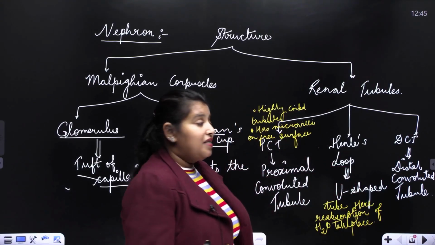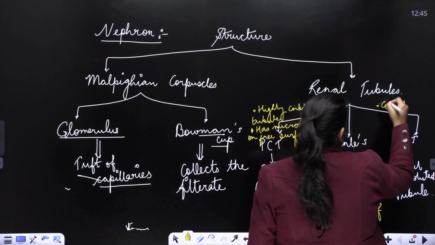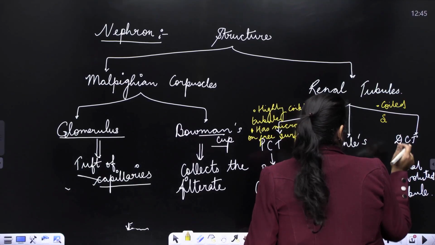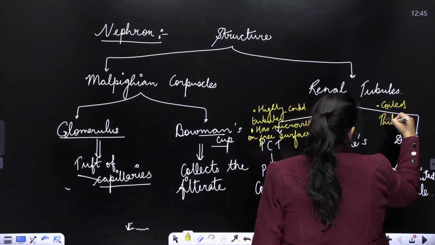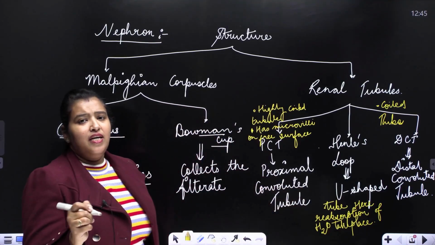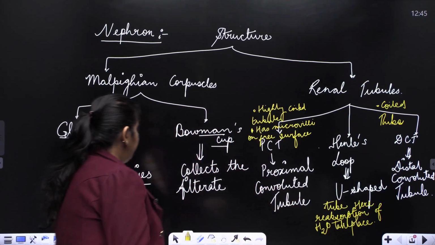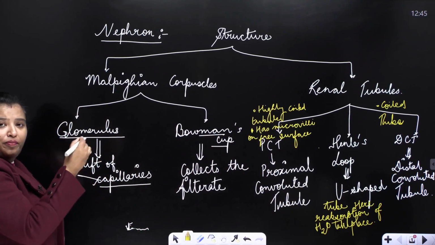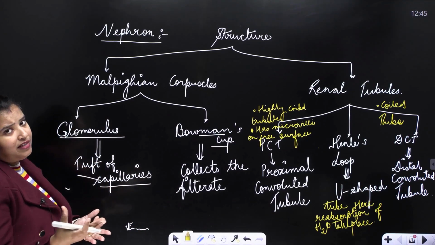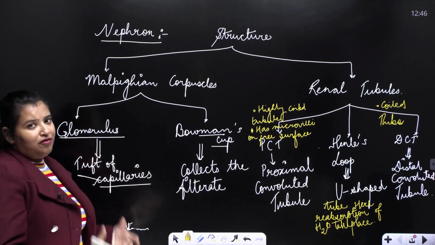And the third is the DCT, which is again a coiled tube, which opens into the collecting tubule. All right. So you can write this as a structure part for your exam in the form of a flowchart if you want, or you can write it point-wise. I find it easy to understand and write in a flowchart manner.